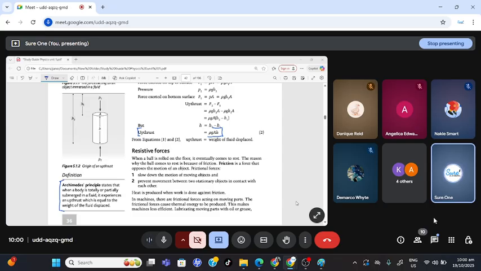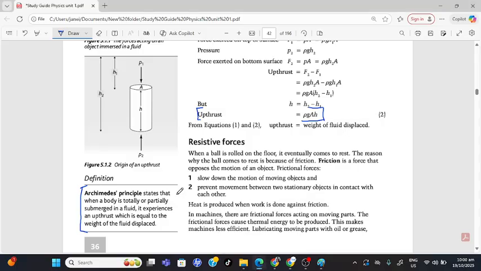Any thumbs up? Are we finished making a note of Archimedes' principle as well as the formula for upthrust? Awesome, good.